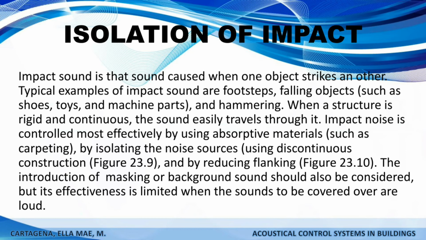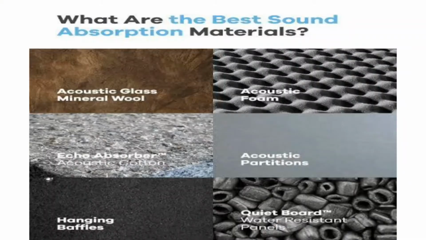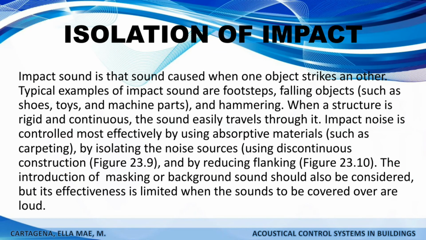Impact noise is controlled most effectively by using absorptive materials such as carpeting, by isolating the noise source using discontinuous construction, and by reducing flanking. The introduction of masking or background sound should also be considered, but its effectiveness is limited when the sound to be covered over is loud.